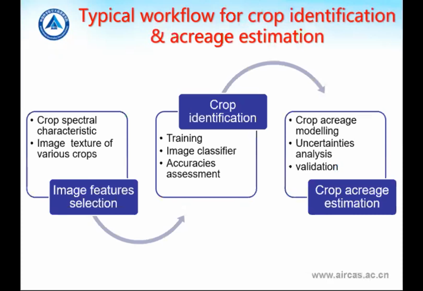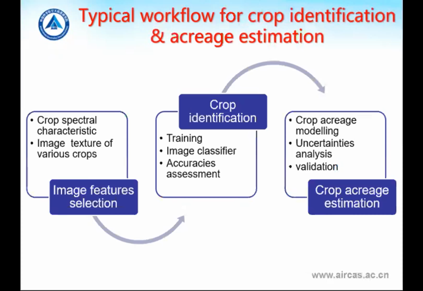Briefly, image classification is a process of assigning the pixels to the classes. The basic process of classification is to compare the similarity between the feature vector of each pixel and the feature vector of the predefined crop type.